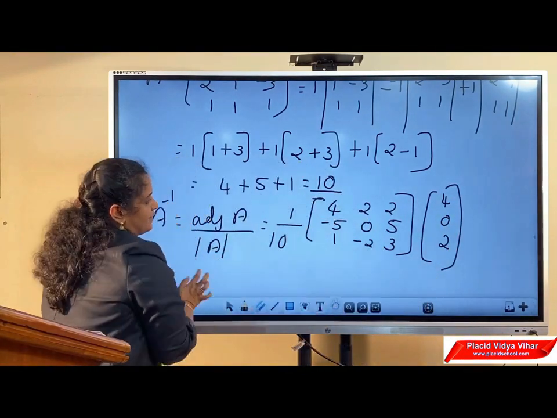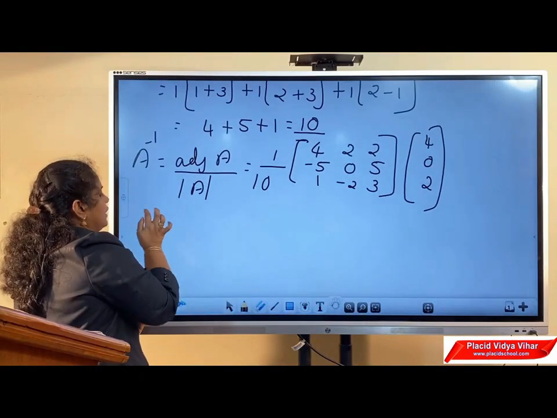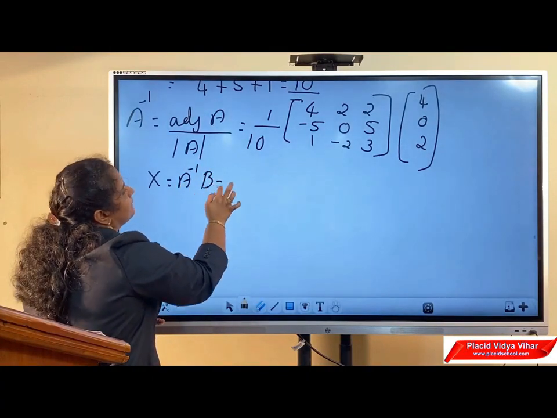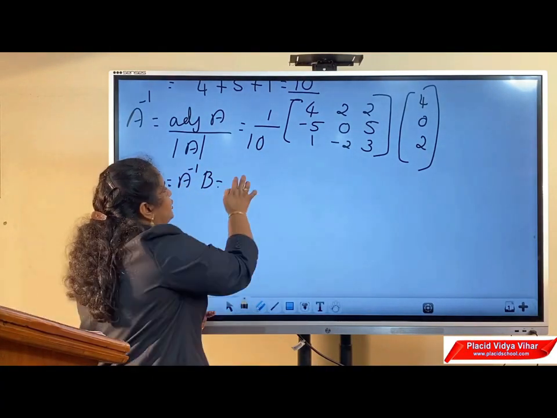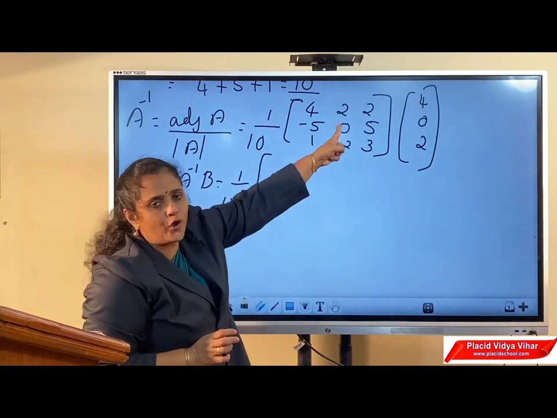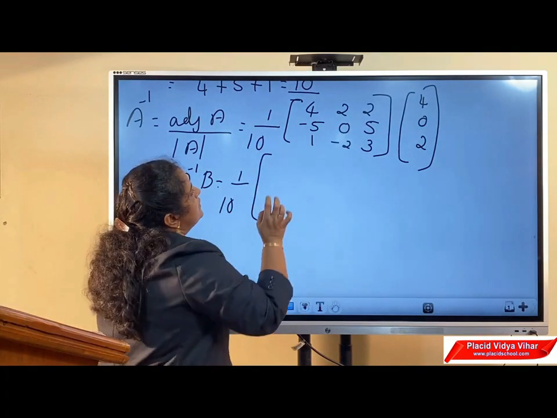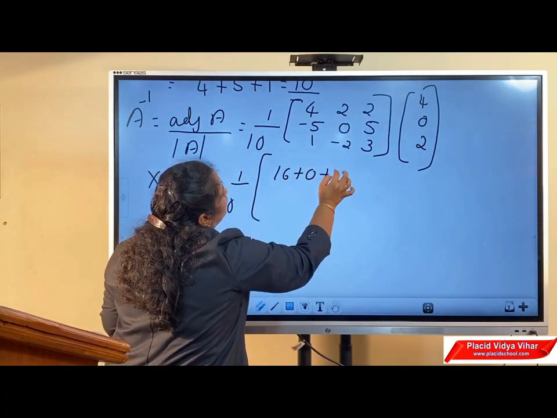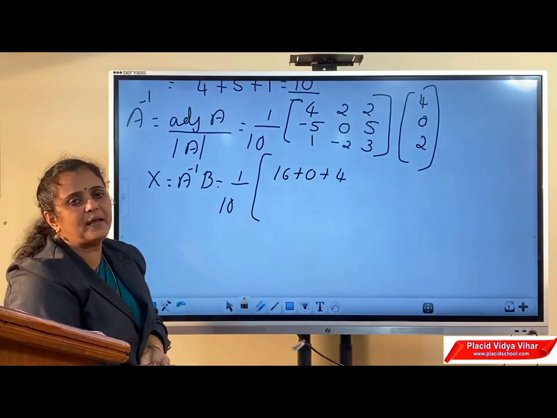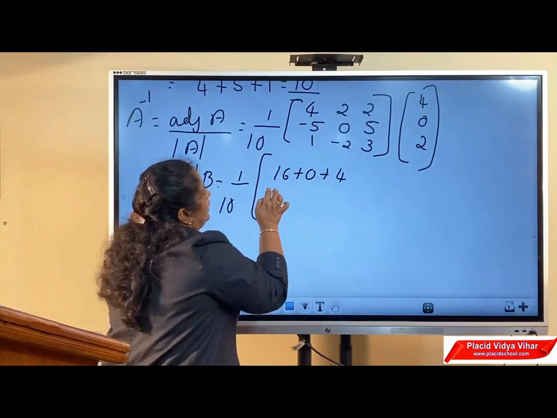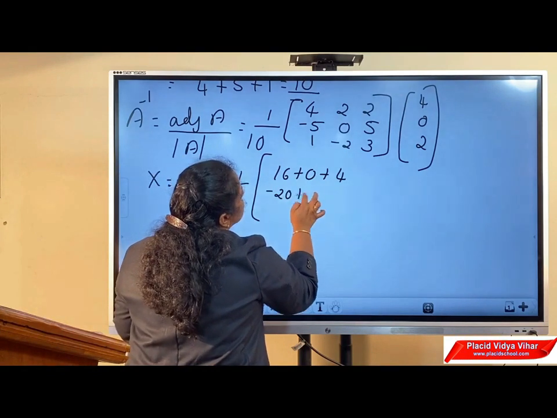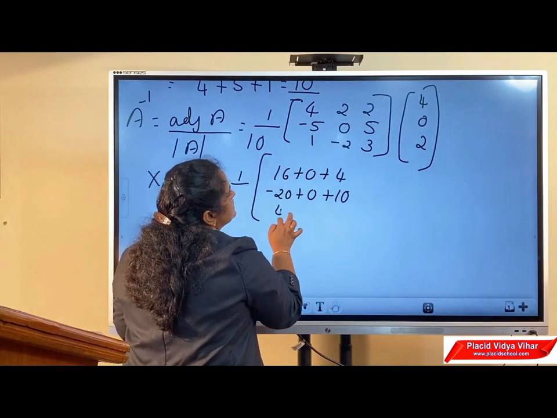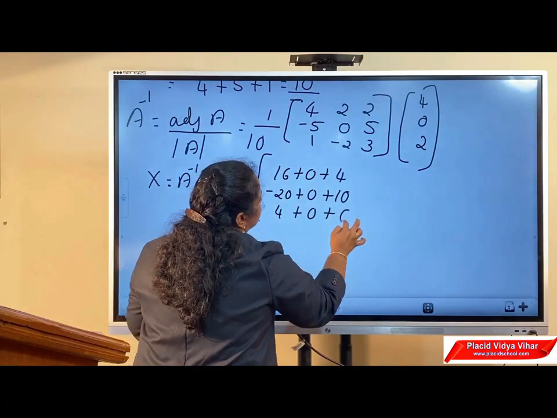Then we can find X. X is equal to A inverse into B. That is 1 by 10 into first row into first column: 4 into 4, 16, 16 plus 0 plus 4. Then the second row into the first column: minus 20 plus 0 plus 10. Then 1 into 4, 4 plus 0 plus 6.